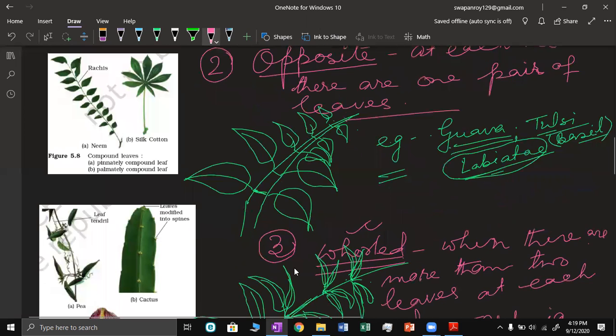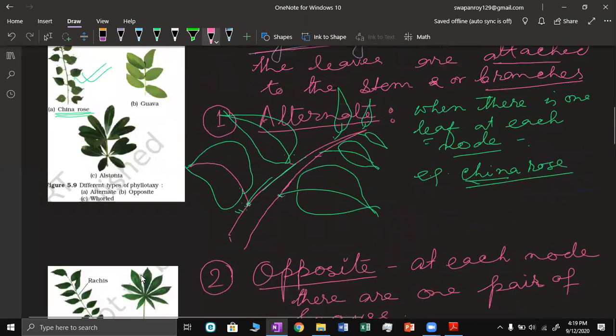You can see the diagram of that leaf phyllotaxy. Here it is 1, 2, 3, 4, 5, 6. Six leaves at each node or even more than that. So this one is Alstonia, here it is guava, this is canna.